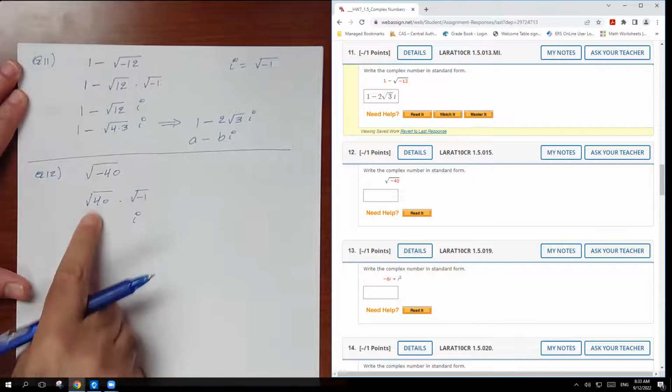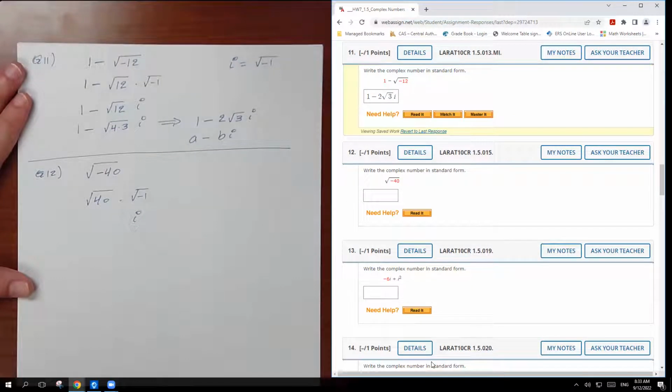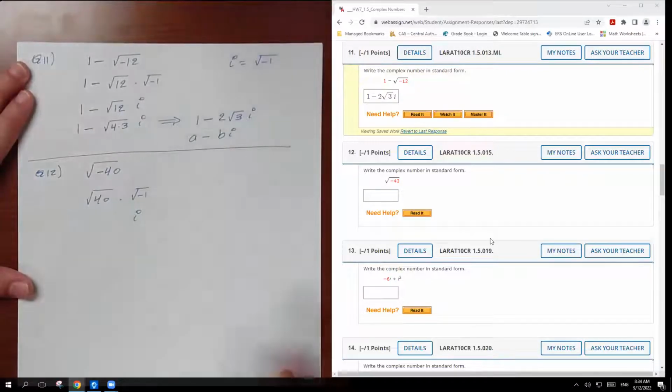Now we need to find the square root of 40. Which number are you going to multiply by another number to get 40? How are you going to find the root for 40?